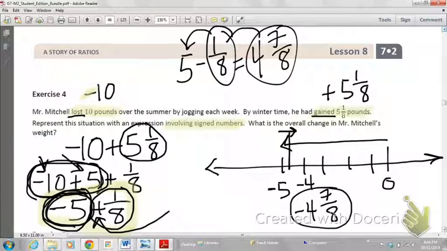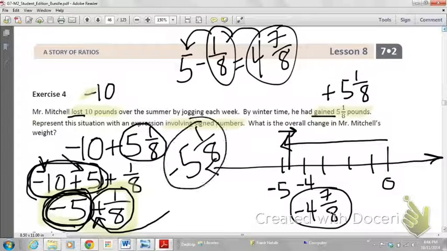All right. And what do you think a lot of kids will do? That's right. They will come up with the answer negative 5 1/8. That's what they'll come up with, because they see the negative 5, they see another 8, they want to just tack it on, just stick it on there.